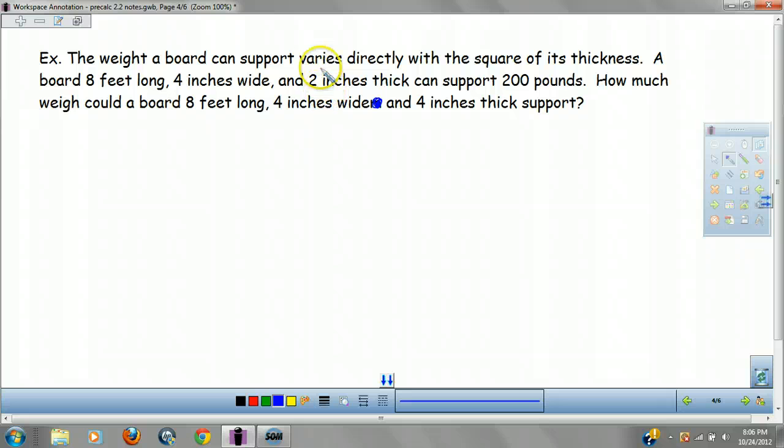Okay. So the weight a board can support varies directly. So I'm going to start off with my W equals k, varies directly, because I know that it varies directly with the square of its thickness. So that means I'm going to say times, because it varies directly.